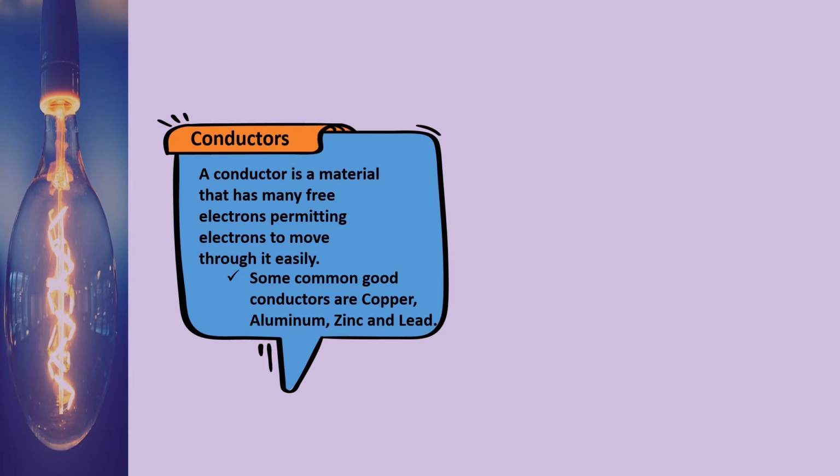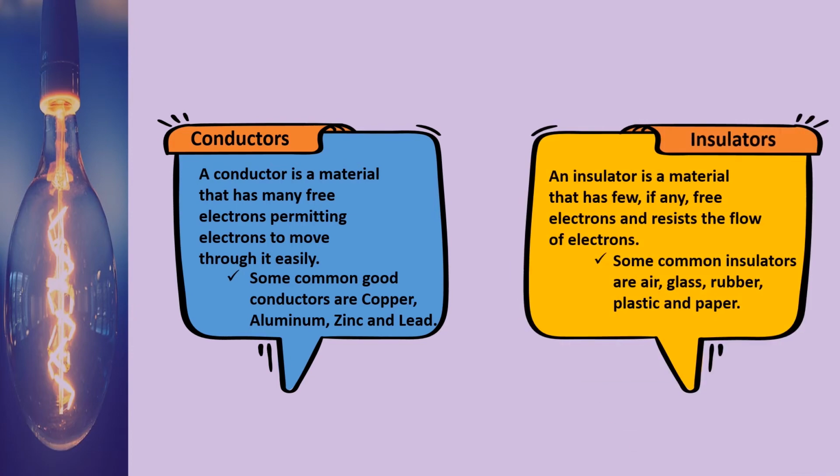Conductors. A conductor is a material that has many free electrons, permitting electrons to move through it easily. Some common good conductors are copper, aluminium, zinc, and lead. Insulators. An insulator is a material that has few, if any, free electrons and resists the flow of electrons.